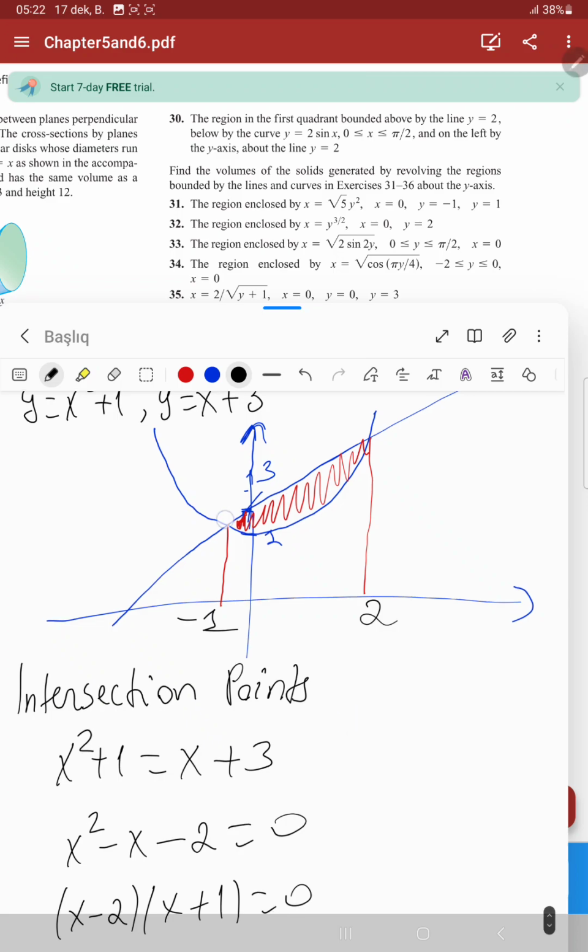In this question, we'll have to use radius, because if you rotate this function, I mean, think about it. If we rotate this function, you will get something bigger around the x-axis, yes. You will get something like this in here.